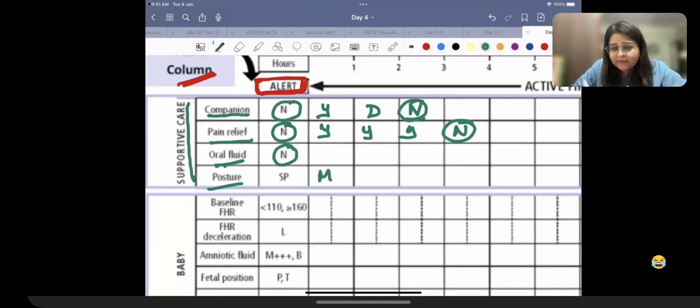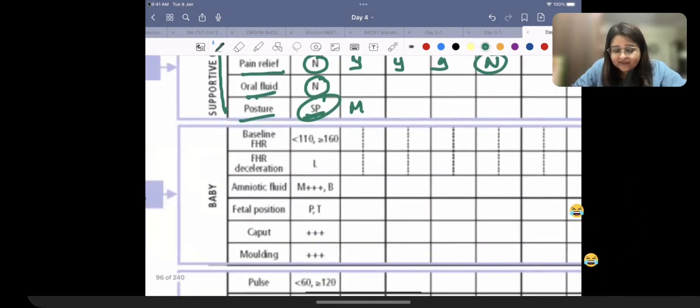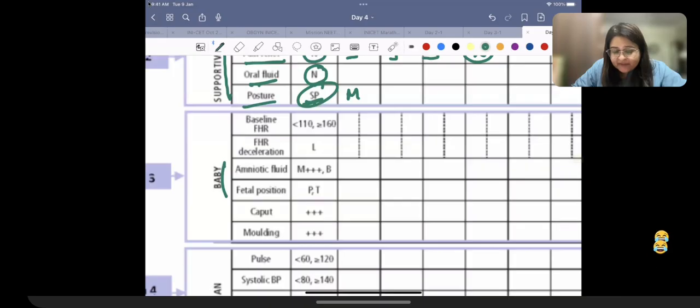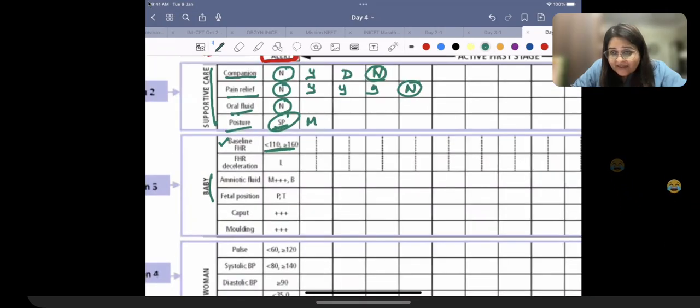M means you are happy, the patient is moving around. If the patient has lain down, you don't let her lie down. You tell her, keep walking, keep walking. So supine is an alert sign. Okay? Similarly, for the baby, baseline fetal heart rate. What are the alert features? If it's going bradycardia, less than 110, or if it's going more than 160, it is an alert feature.